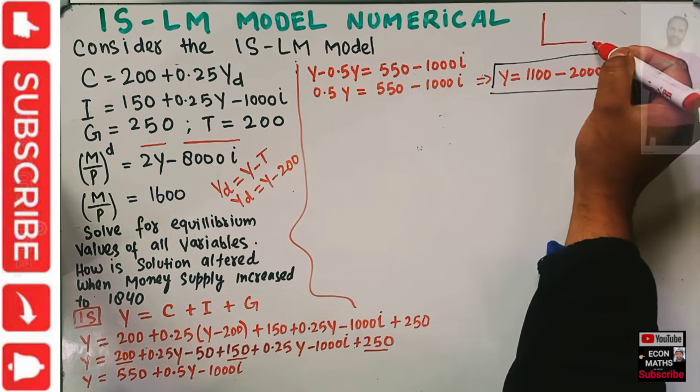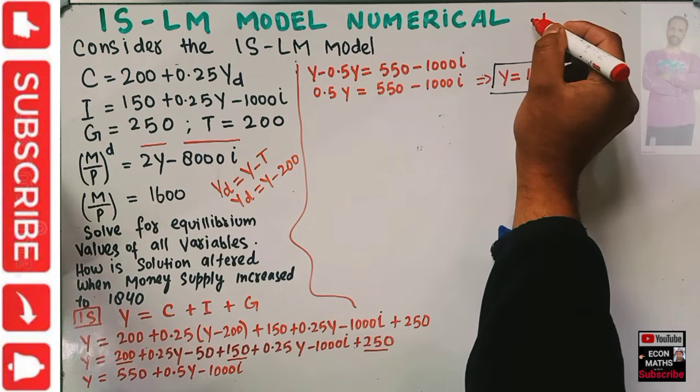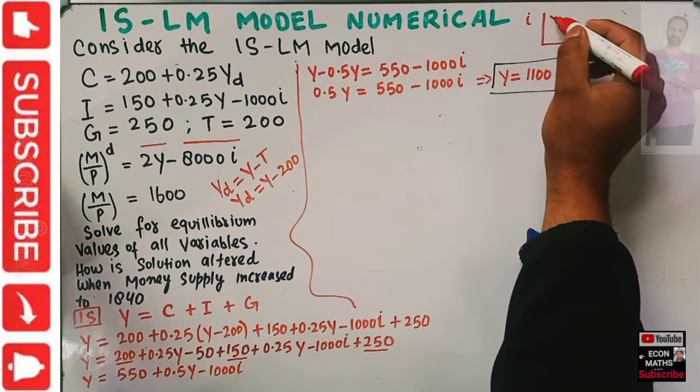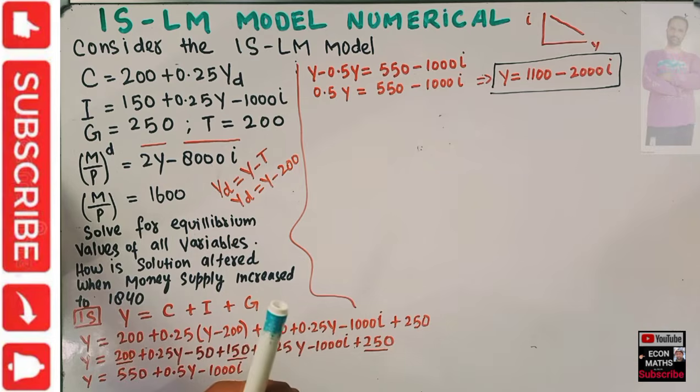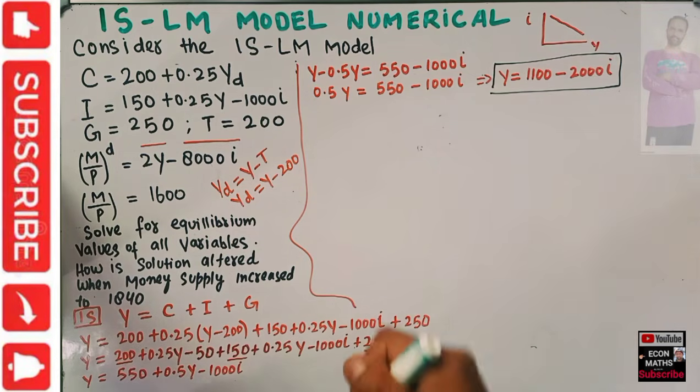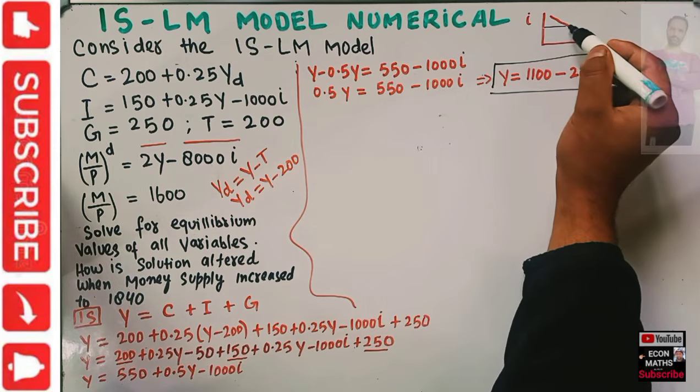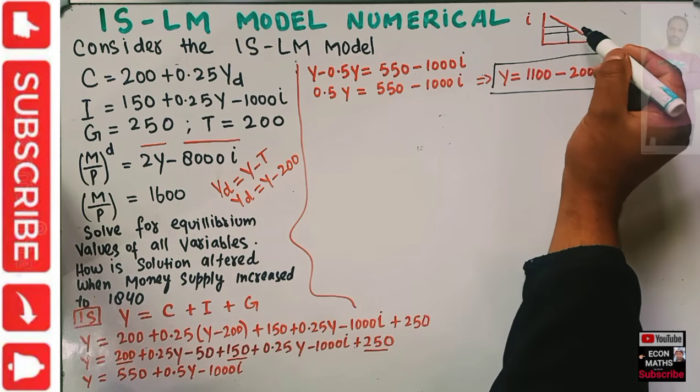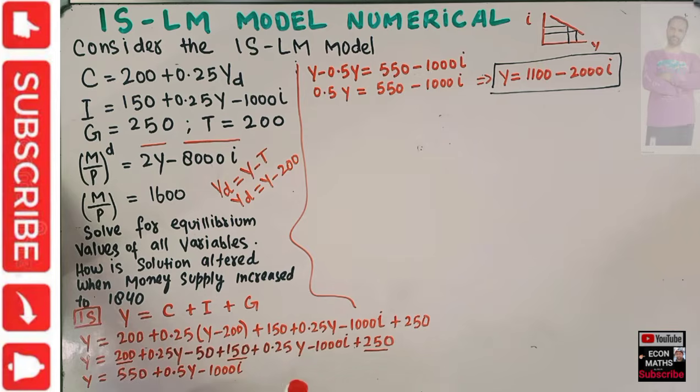If we have income on this axis, rate of interest on this axis, the IS curve shows us the various combinations of interest rate and level of income where our savings is equal to investment, or where our money market is in equilibrium. Okay, so this was about the IS function.